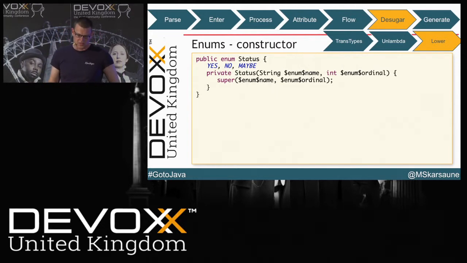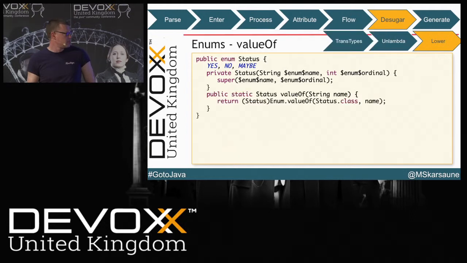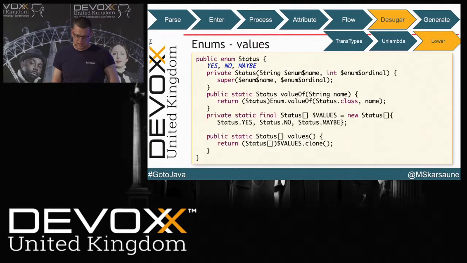So it will create a constructor with a name and an ordinal for each. That constructor will then also be invoked. I just left it out to save some space here, to create proper objects of this class. We get valueOf, and we get the values generated for each enum.